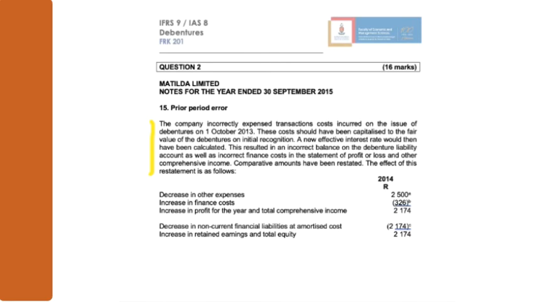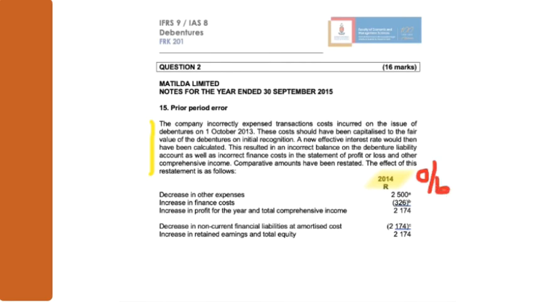If we look at the note, there's also a column, and in this case, the only column that they give us is for 2014. They do not give us an opening balance at the beginning of 2014.